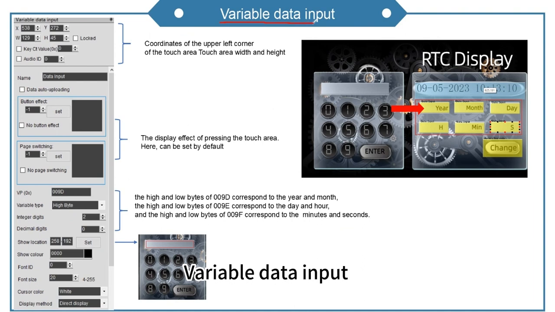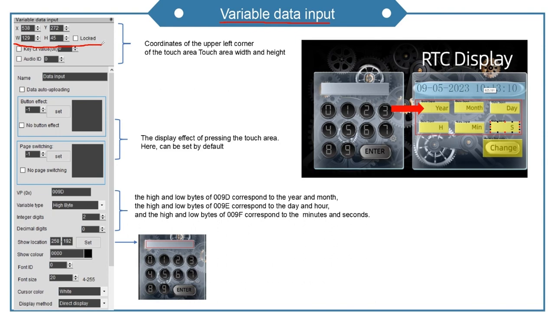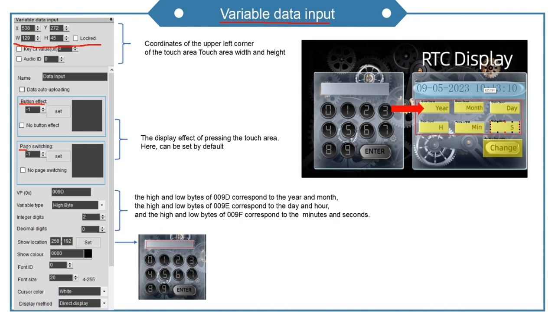Variable data input. Coordinate can be set by default. The display effect of pressing the touch area, here, can be set by default. VP number and variable type.